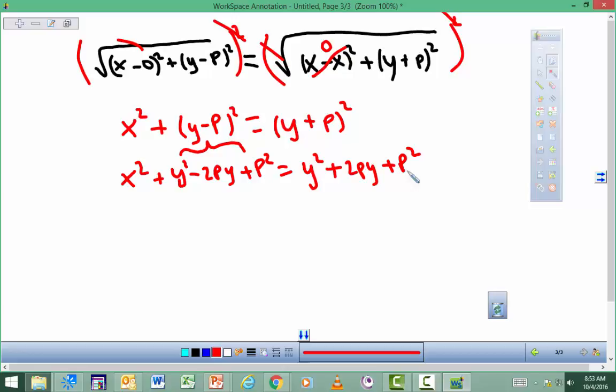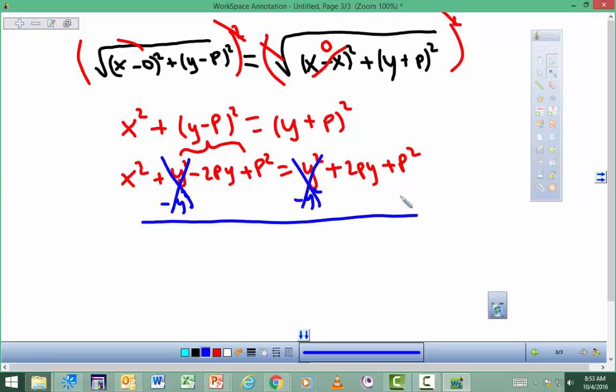Now just watch what happens. It's going to come out very beautiful here. Couldn't I subtract y squared on both sides? And what happens? They disappear. And can't I subtract the p squared on both sides? And they disappear. And couldn't I move this 2py to the other side? I'm going to add 2py over here, and I add 2py over here.